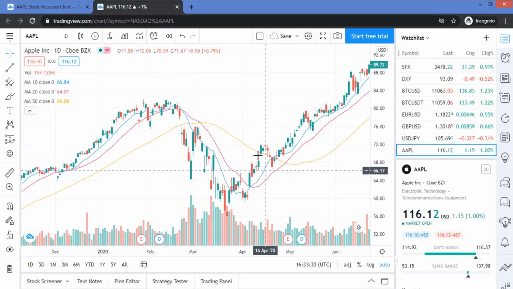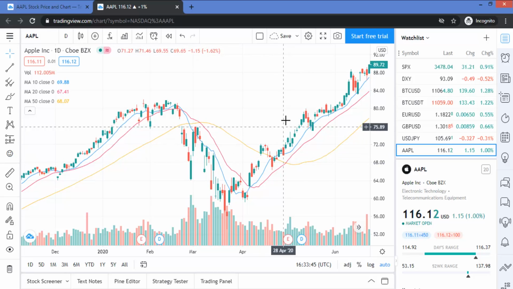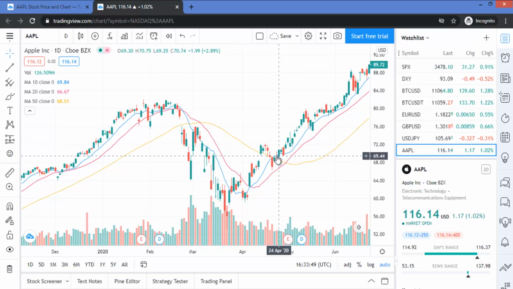You can confirm this uptrend when our 50-day moving average has been crossed again. See, our 10-day moving average has crossed our 50 as well as our 20-day has crossed 50. So this means it's a confirmed trend, which in this case is a confirmed uptrend.